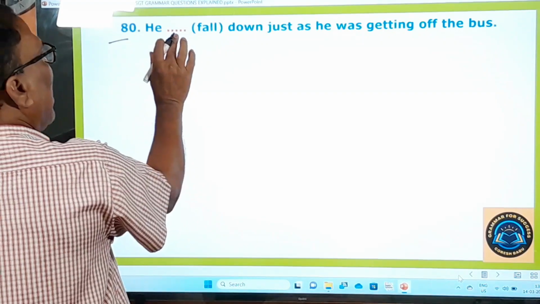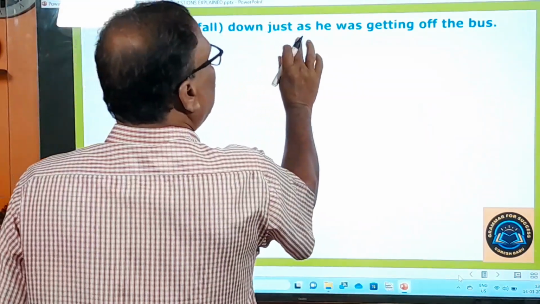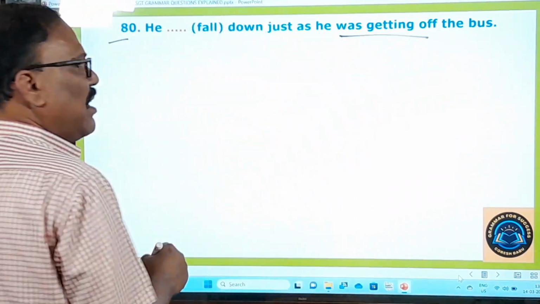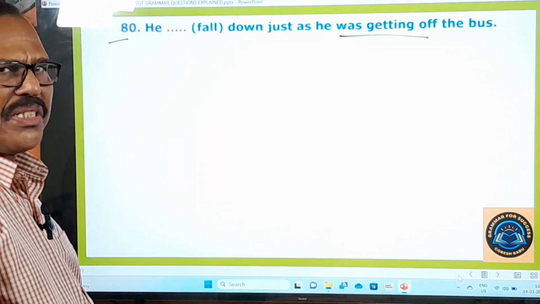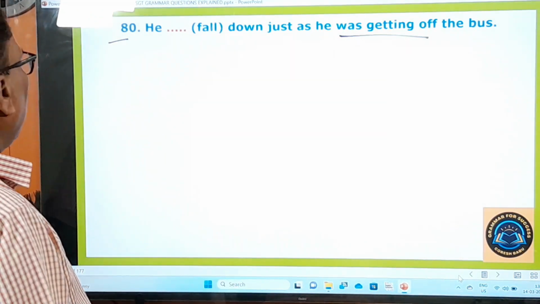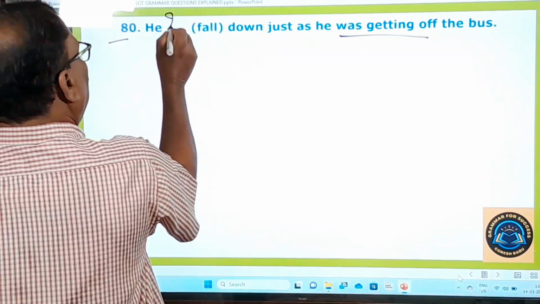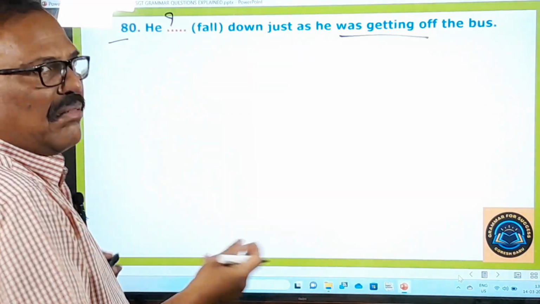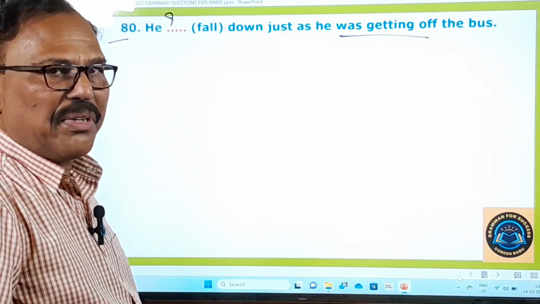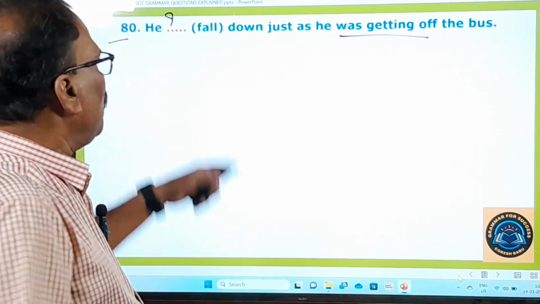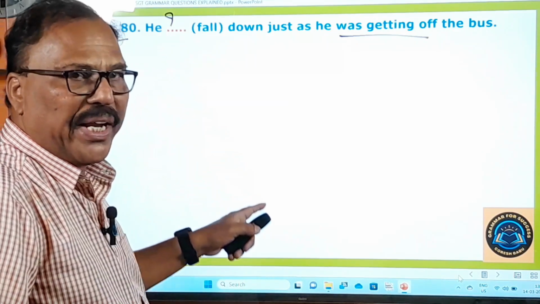80th question. He dash fall down just as he was getting off the bus. Getting off means getting down from the bus. That is the meaning, right? Here a blank is given in this sentence, and naturally the examiner is going to ask you to fill in the blank with the appropriate verb.